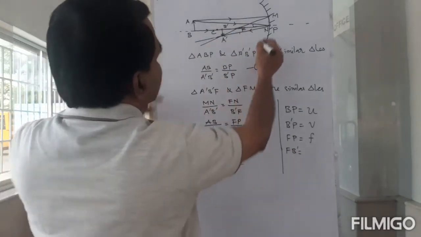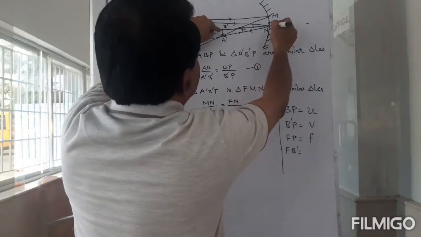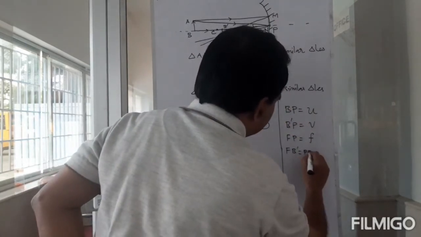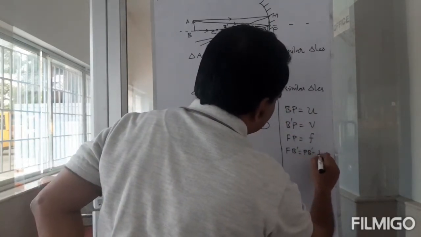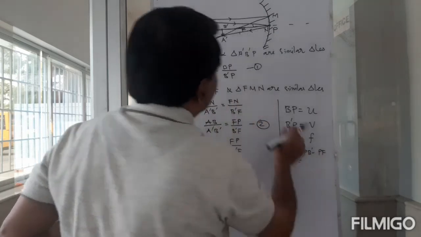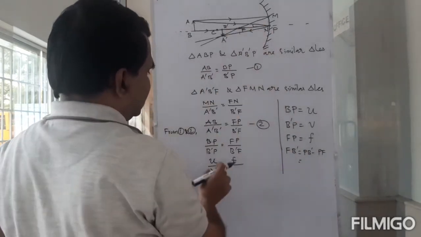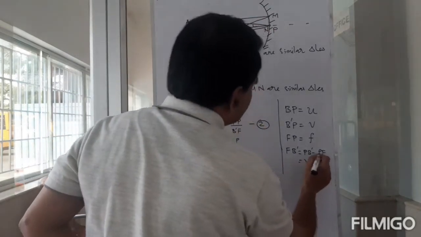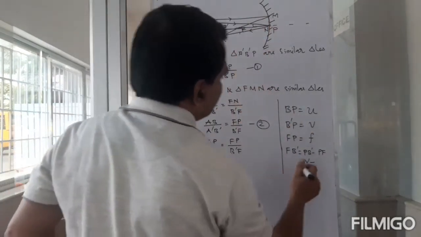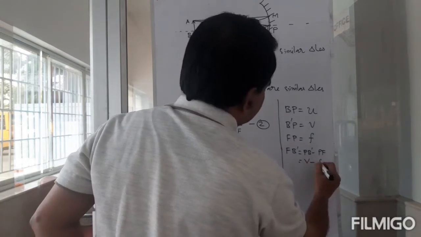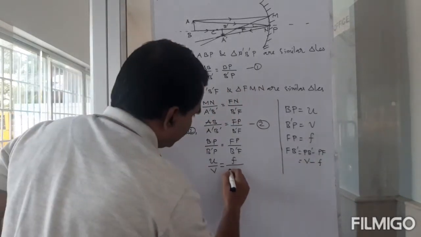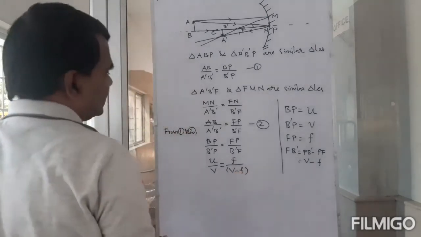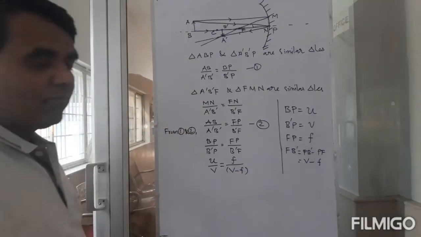FB dash can be written as PB dash minus PF. What is PB dash? We saw that PB dash is V, minus F. So I get here V minus F.